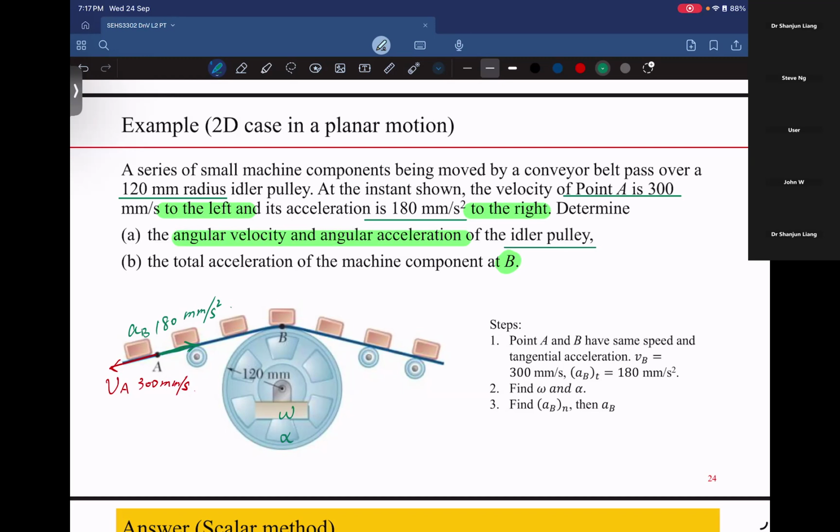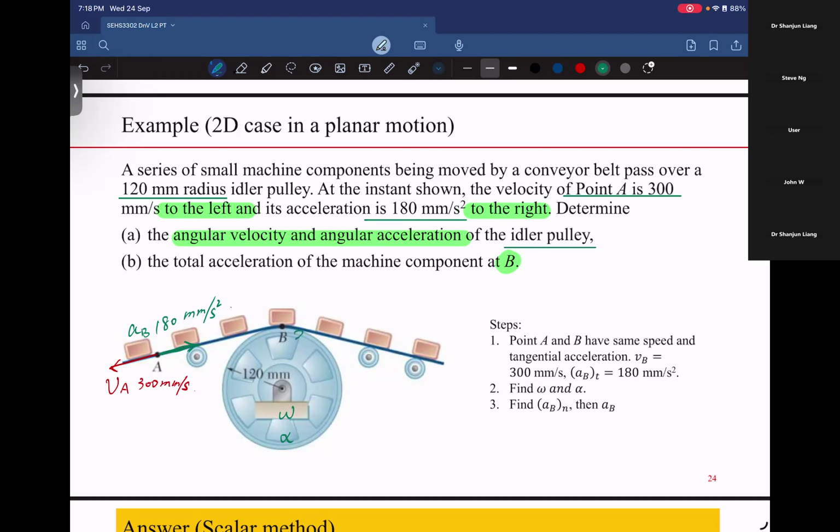With which point can we link up the belt motion and the pulley's motion? Anyone here? Which point can link up belt motion and the wheel's motion? Point B.